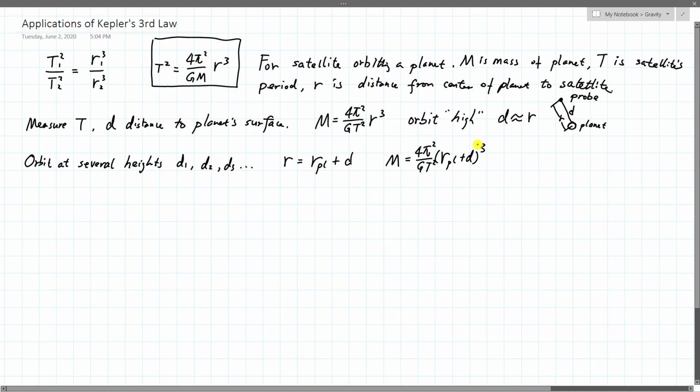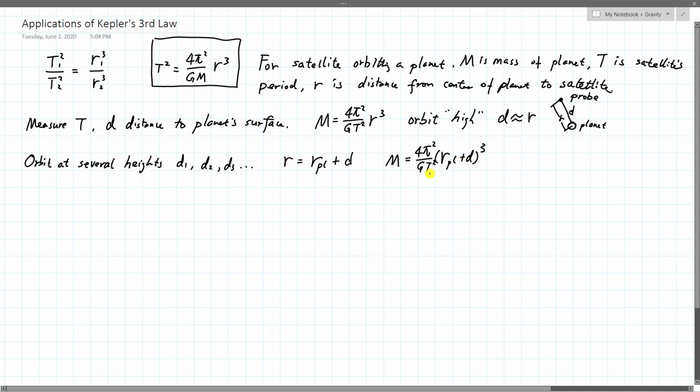Okay, so what we can do here is we'll have a number of different d's. We'll have a number of different periods to go with that, and that will give us a plot of the d and the t's.